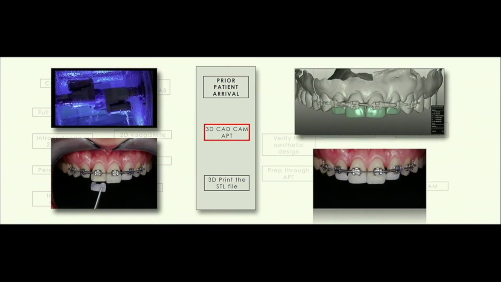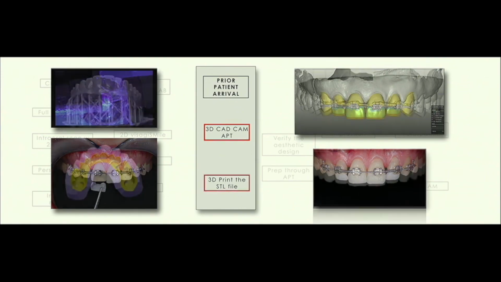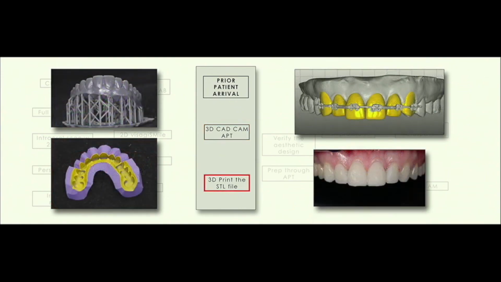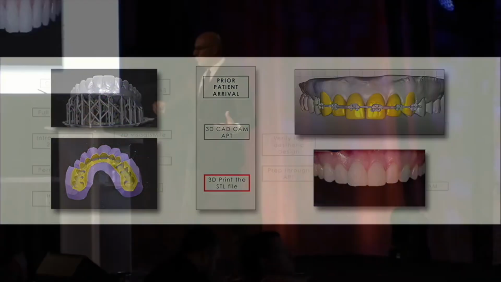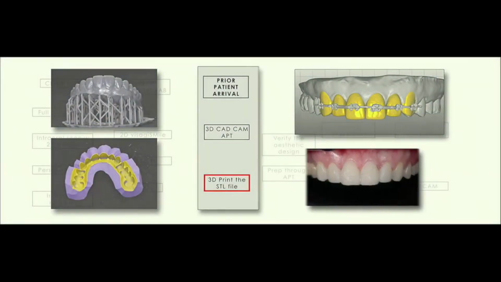Either, as we did the first incisal 1/3 provisionals, we can go CAD/CAM and place the APT like this, or we can 3D print it, make the analog impression, and then apply this into the patient's mouth, just like we see on the right bottom corner as the APT.